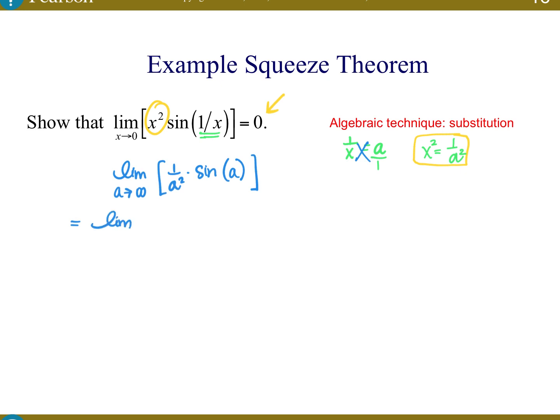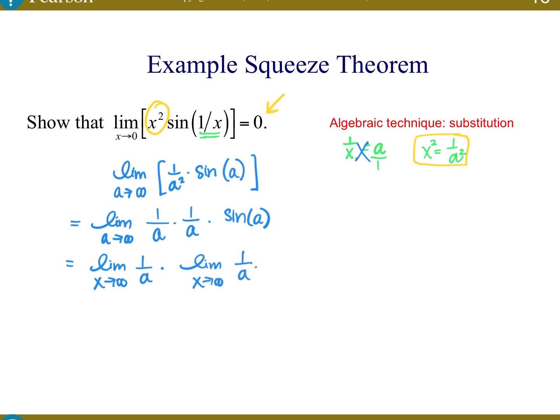So now we're going to use the property that we can split up 1 over a squared into 1 over a and 1 over a. And then we can split up with the product. I want 1 over a to be separate from the limit of 1 over a times sine of a.